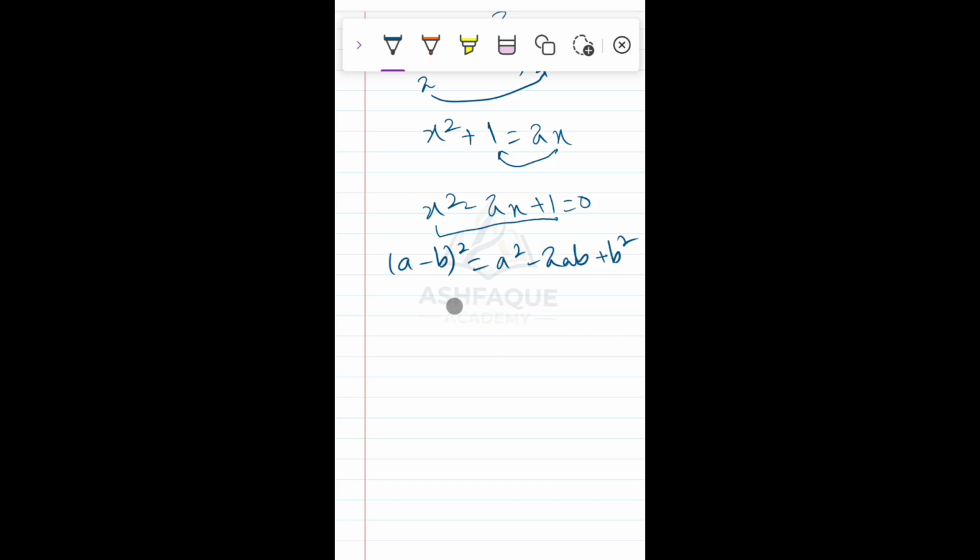So we will rewrite the equation as (x minus 1) whole square is equal to 0. We will take the square root on both of its sides. So it will be x minus 1 is equal to 0. The value of x will be 1.